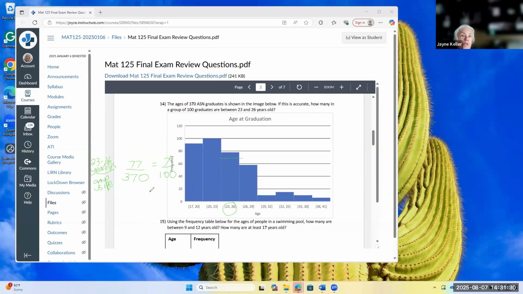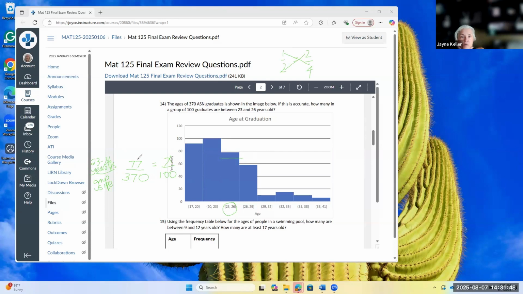To solve this, I cross multiply. Anytime I have two ratios that are equal, like we know 1/2 and 2/4 are equal, we can always multiply numerator times denominator, and they'll be equal.